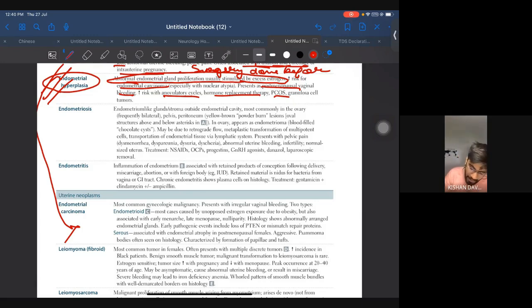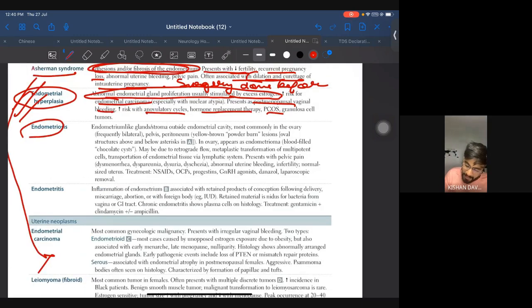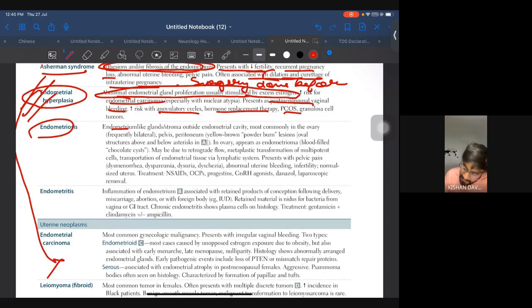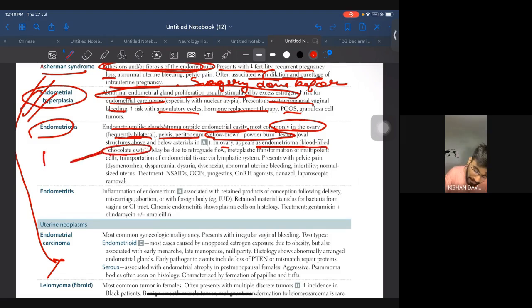Coming to endometriosis, endometrium-like glands and stroma outside the endometrial cavity, most commonly in the ovary, bilateral, and in the pelvic peritoneum yellow-brown powder burn lesions, and in the ovary it appears as an endometrioma, a blood-filled chocolate cyst. Chocolate cysts are most common. Another thing you need to remember here is it presents with pelvic pain, dysmenorrhea, dyspareunia, and treatment is NSAIDs.